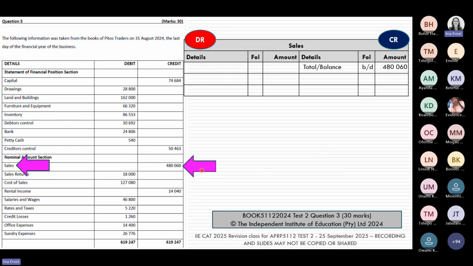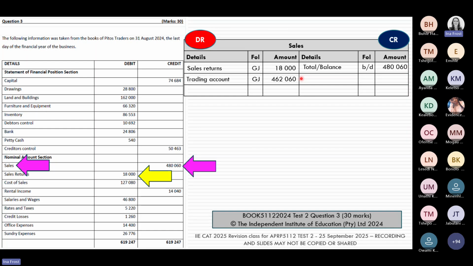Then we know that we have to go to our sales returns and subtract our sales returns from our sales. So again, I'm going to come to my trial balance, look for sales returns and subtract it from my sales. If I subtract my sales returns from my sales, the difference between those two amounts, we are going to take that to our trading account.